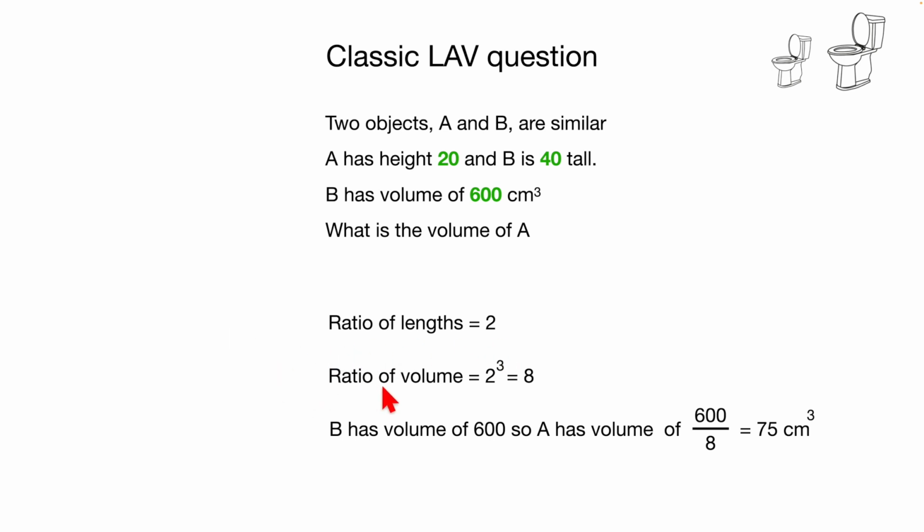The ratio of volumes is going to be 2 cubed. So that's 8. So when you've increased your height from A to B, doubled, the volume increases by 8. So B has a volume of 600, so A has a volume of 600 over 8 equals 75 cm cubed.